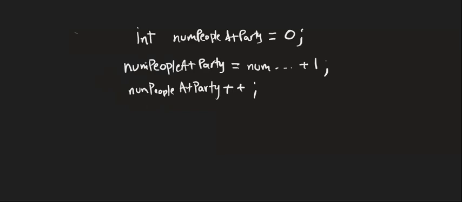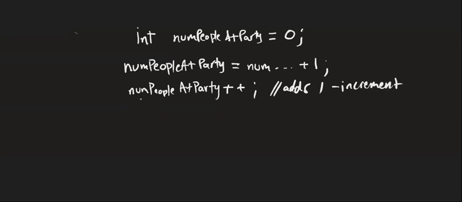Now, let's say that you ask your brother to leave because, you know, you don't want your brother there, which is understandable. What you can do is use a decrement operator. A decrement operator is very similar to the increment operator, except you're subtracting 1. So this adds 1, and that's increment.